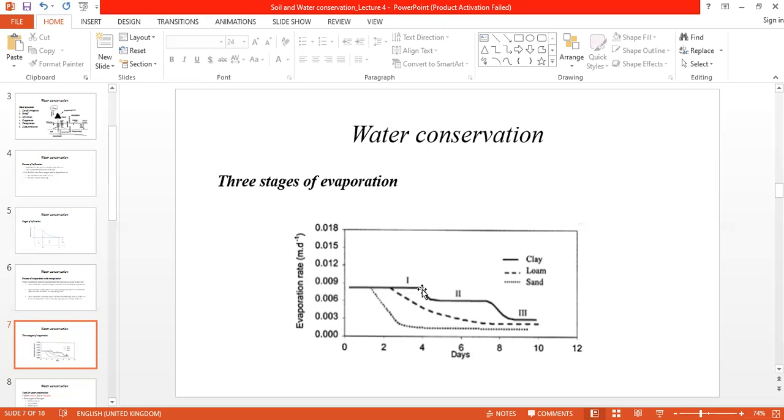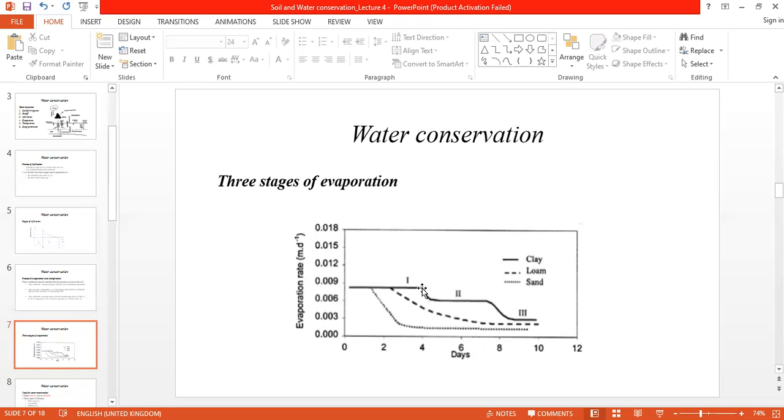So now for water to escape, it has to start detaching from the soil particles. Remember we said that the soil particles are also pulling onto the water. So you need more energy at that point to evaporate the water.